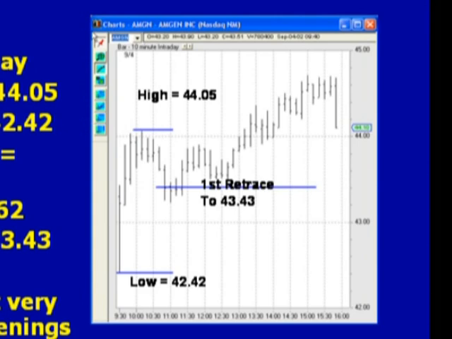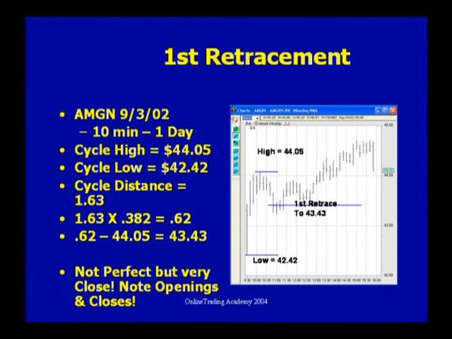Again, I drew this by hand, and you can see that as the price falls, this bar closes at 43.42. This one opens at 43.43 and closes at 43.42. This one opens and closes at 43.42. This one opens at 43.43 and starts moving higher. There's a little bit of a retracement, and then it's off to the races.